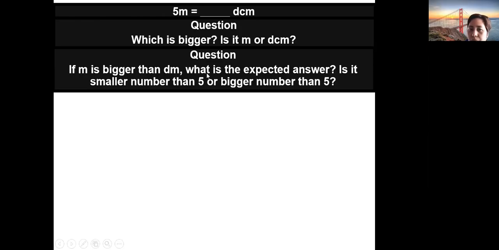Therefore, the answer for question number 2 is that the expected number here is bigger than 5, because again, meter is a bigger unit than decimeter. That's why the expected answer will be a bigger number.